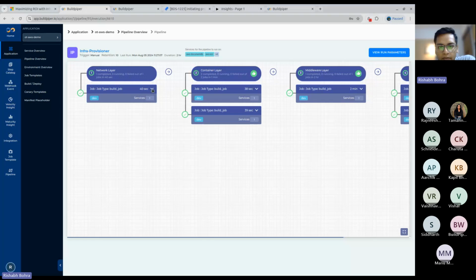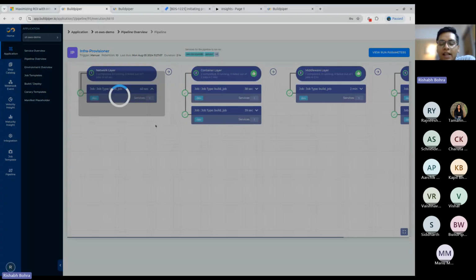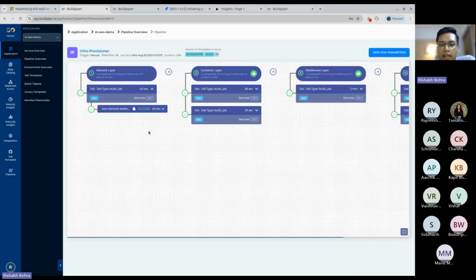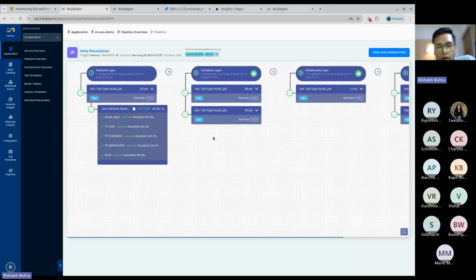So as part of the safety net, you can readily leverage tools like Infracost and then check for compliance management as well. And then you can readily integrate the linter as well to check whether the Terraform code is written up to the industry standards with the best set of practices or not.